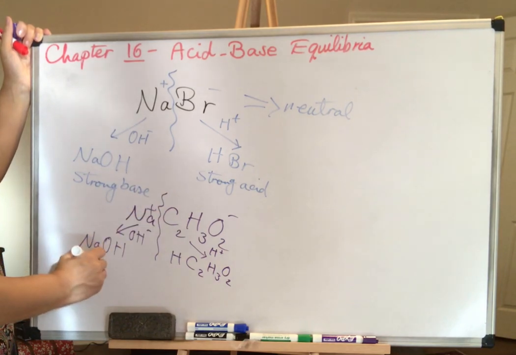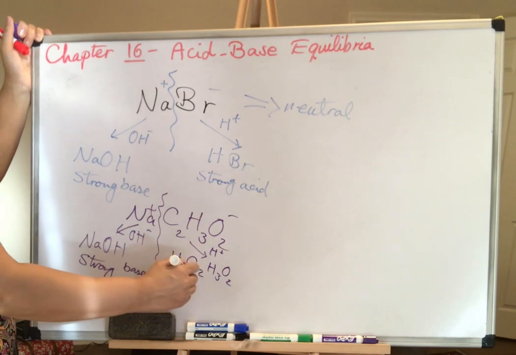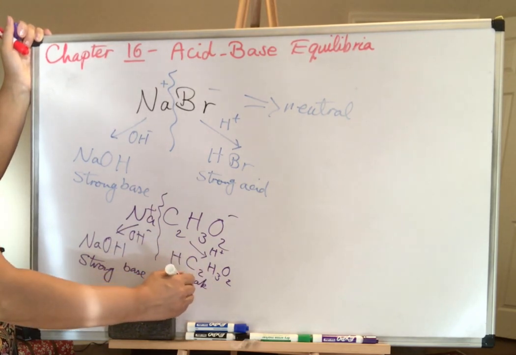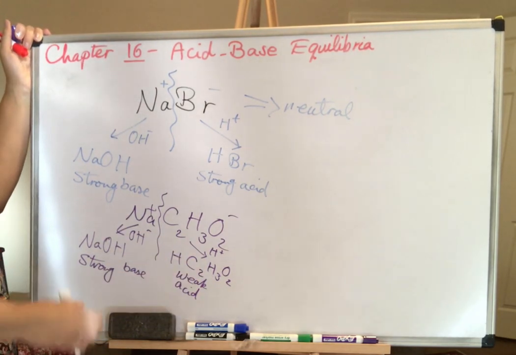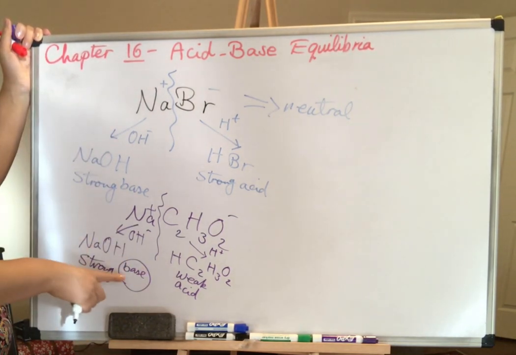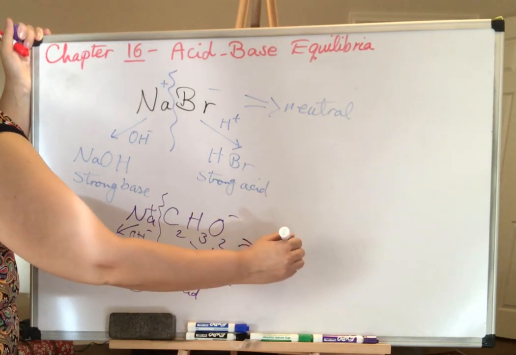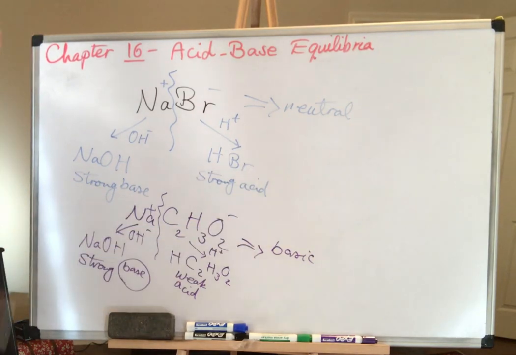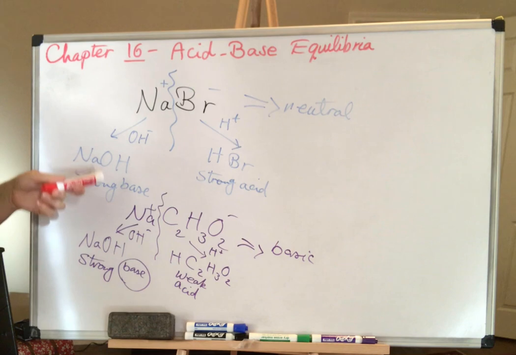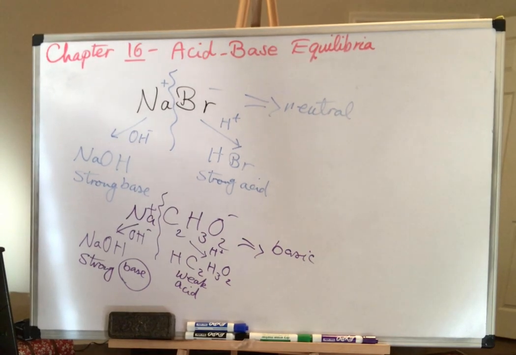No, this is a strong base, but this is a weak acid. So between a weak and a strong, which one wins? The strong one, right? So the solution gets the property of the strong one. So the solution is going to be basic. Or you can say this doesn't react, but the conjugate base of a weak acid reacts to form a base, whichever is easier for you.